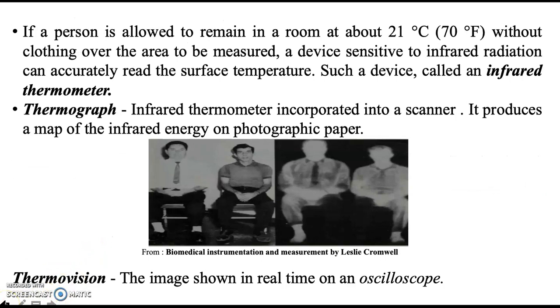Usually a human body emits infrared radiation. Actually, the human body is a nearly perfect emitter of infrared radiation. So let's see how it is recorded. If a person is allowed to remain in a room at about 21 degrees Celsius, and the very important thing, the region over which the measurement has to be made must not be covered with any clothing, then a device which is sensitive to infrared radiation will read the surface temperature.